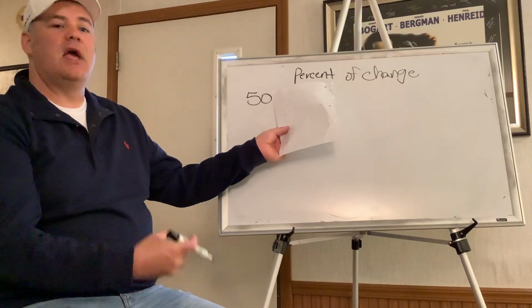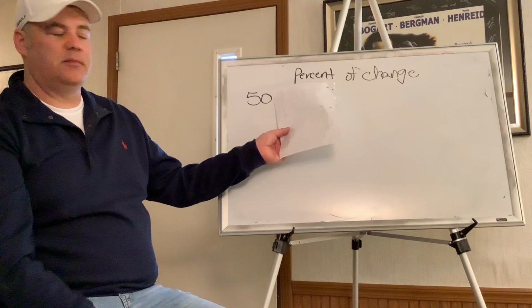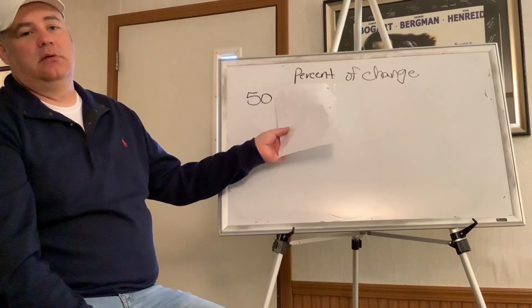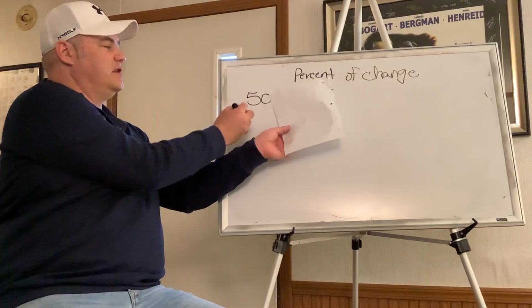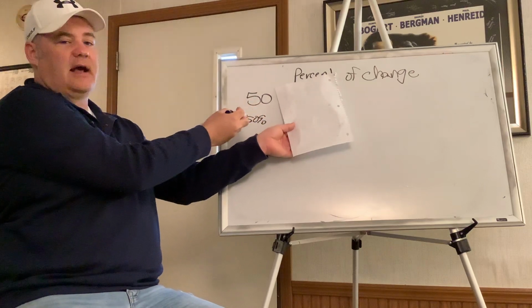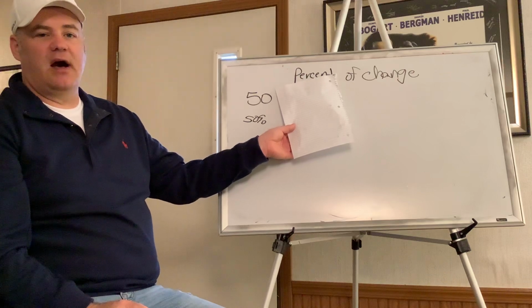I sold 50, and then I sold that same 50 plus another 50. I increased by 100%. Well, what is half of 50? Okay, 25. Half of 50 is 25. So 50%. If we wanted to find that out on the calculator, we would take 50 times 0.50, and it'd be 25.